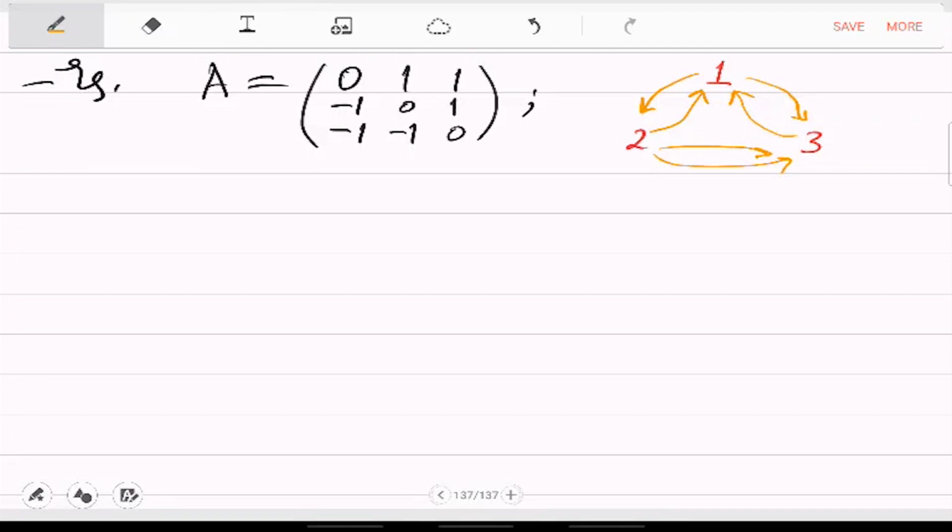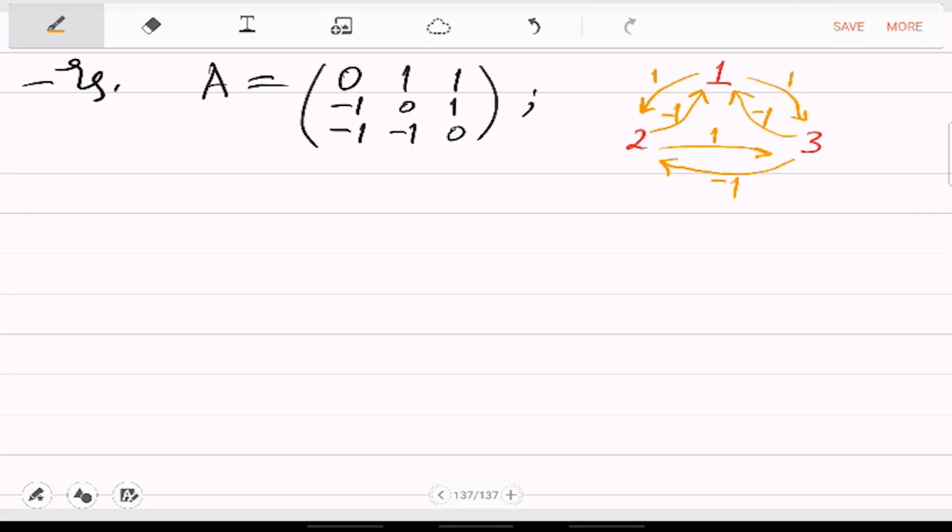That is 1, and 2 to 1 is -1. What's the weight from 2 to 3? That's the 2, 3 entry of the matrix, which is 1. I'm sorry, opposite direction: 3, 2 is -1. 1, 3 is 1, and 3, 1 is -1. That's the weighted digraph of this matrix.